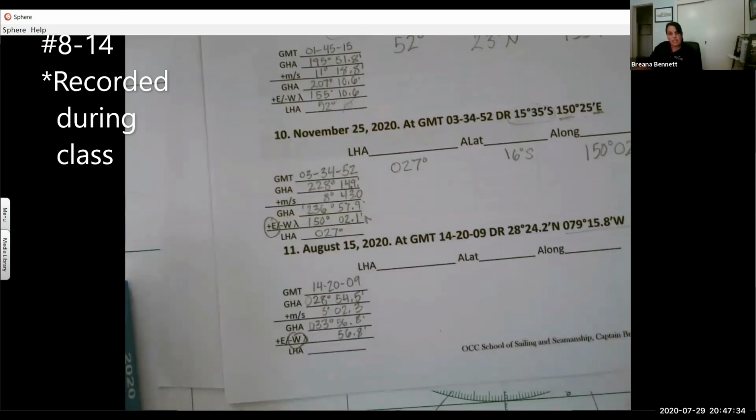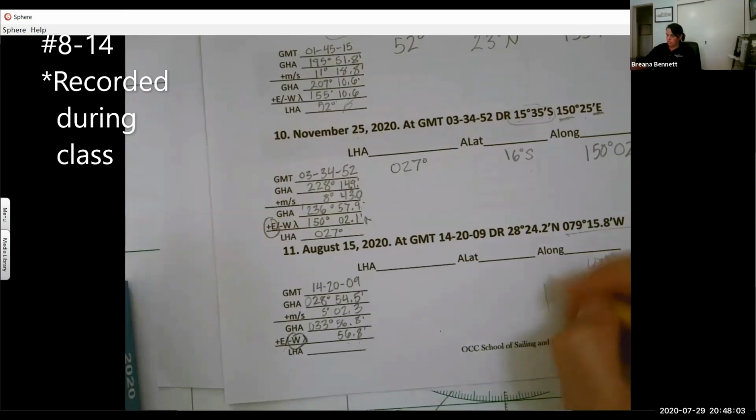And now I need to decide what that is closest to. So I have 079, 15.8 is my DR. So if I'm ending in 56.8, there's 79 degrees west, 78 degrees west, 80 degrees west.